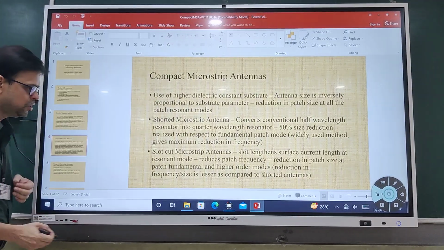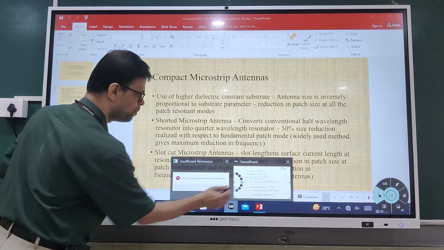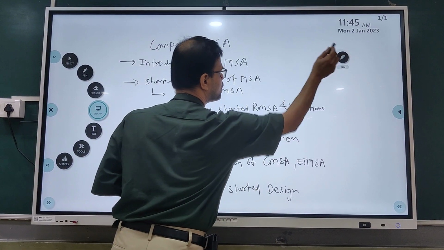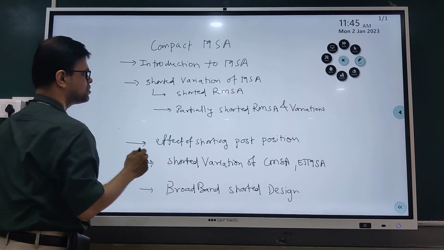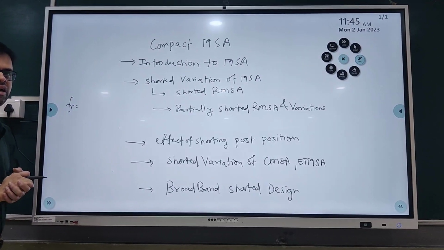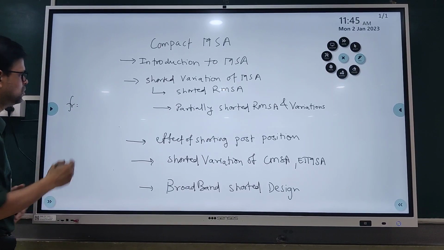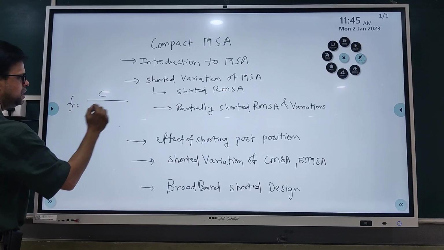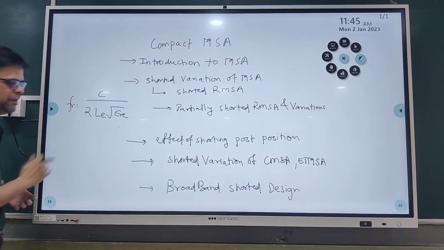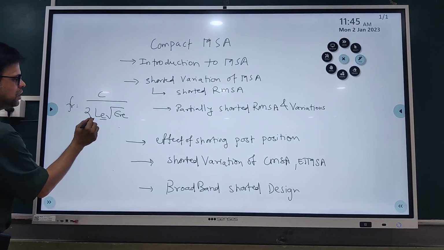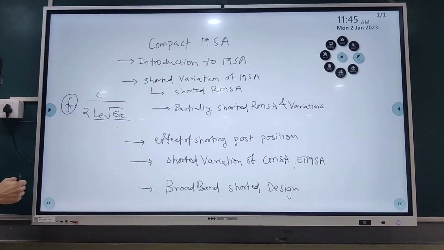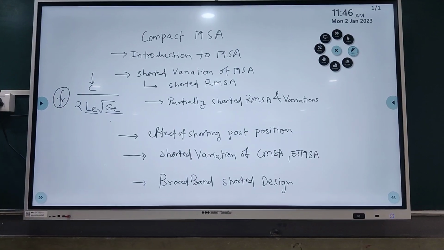Everyone can recall the resonance frequency equation for a microstrip antenna. I'll write down the resonance frequency equation for the microstrip antenna working in the fundamental TM10 mode. What is the equation? It is f = c / (2 Le √εre). Here Le is the resonant length, εre relates to the substrate you are using, f is the design frequency, and c is the velocity of light.